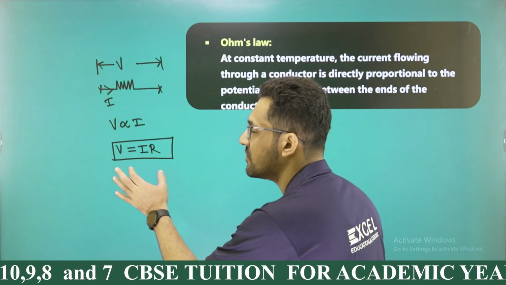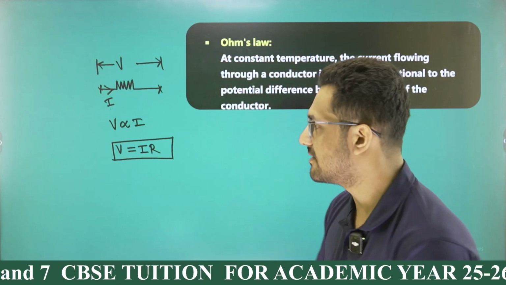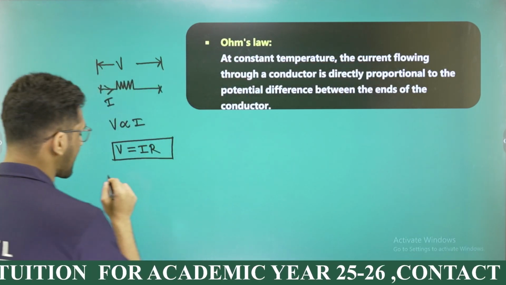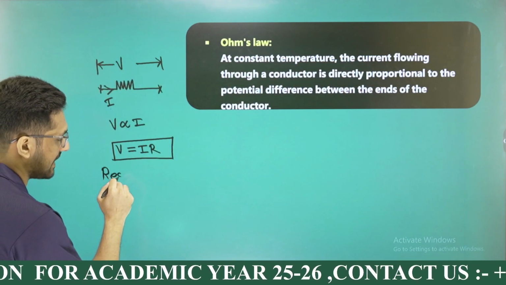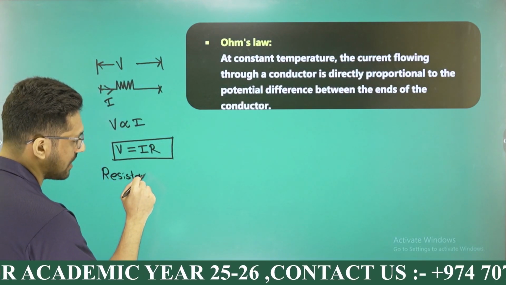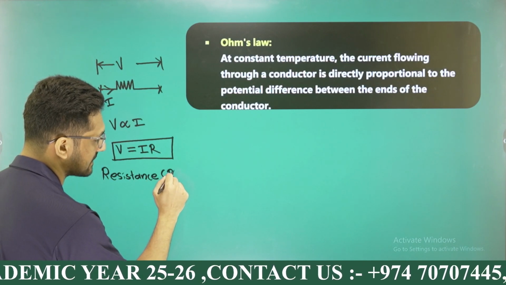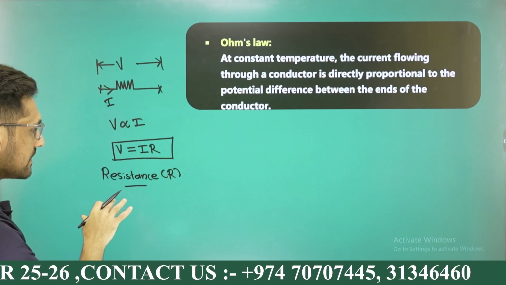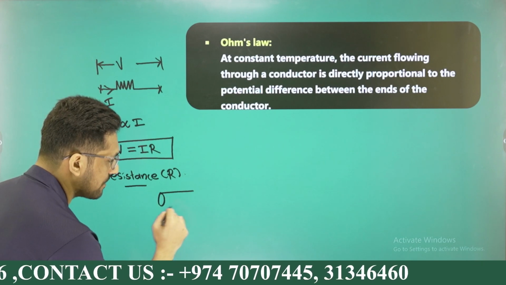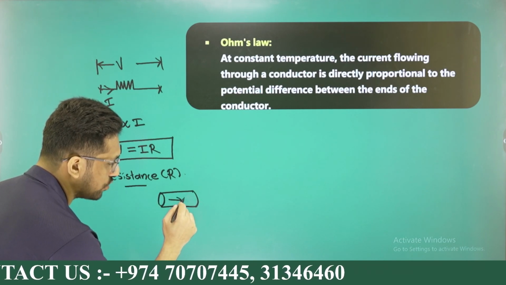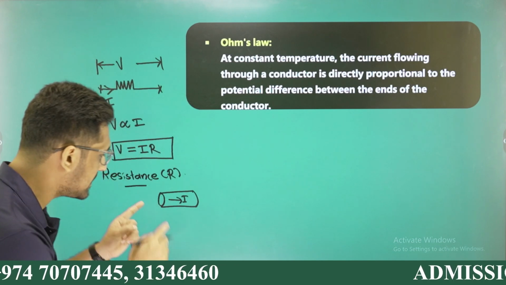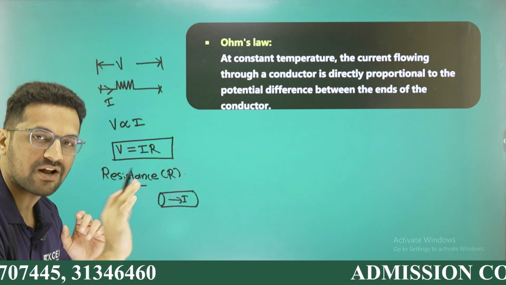Who is this V? V is voltage, I is current, then R is resistance. R is a constant called resistance. What is that? If you take a conductor and current is flowing through that conductor, there will be some opposition offered by this conductor to that flow of current.